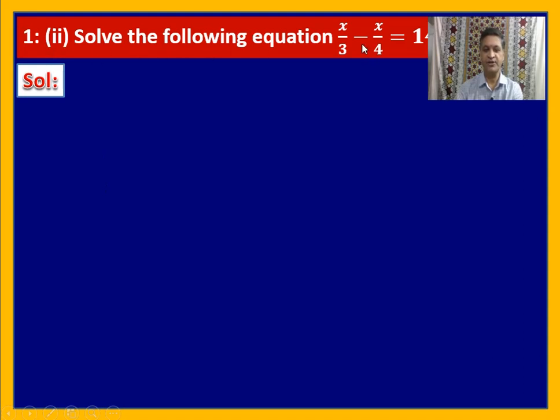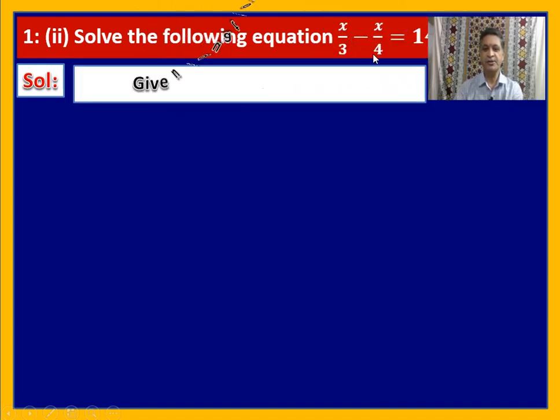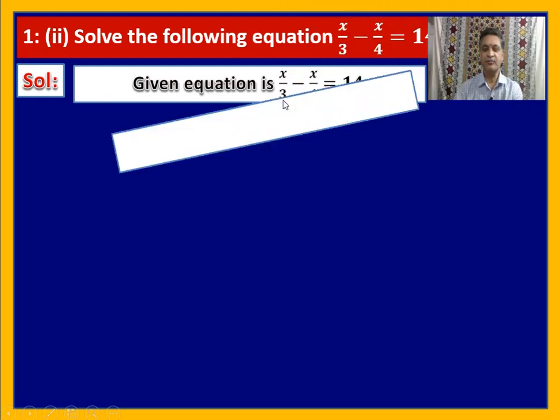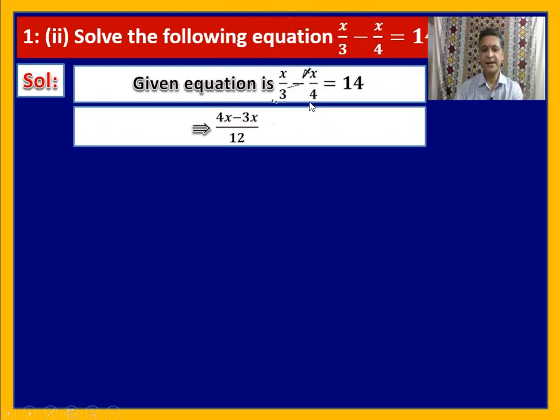Solve the following equation. x by 3 minus x by 4 is equal to 14. Here we have two variable terms in the LHS and a constant term in the RHS. So take the LCM for 3 and 4. The LCM of 3 and 4 is 12. So 3 cancels in 12 4 times, so 4 into x, 4x, minus 4 cancels in 12 3 times, 3 into x, 3x, is equal to 14.